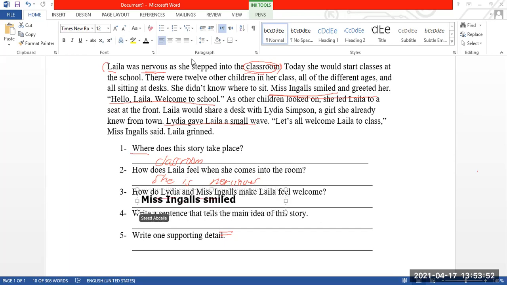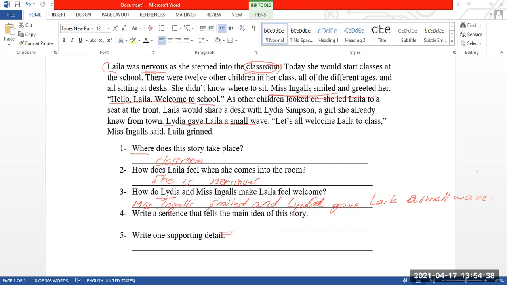She gave her a small wave. Let's try it like this. Miss Engels smiled. Lydia also, they all welcome her. What did Lydia do? Gave Layla a small wave. Full stop.